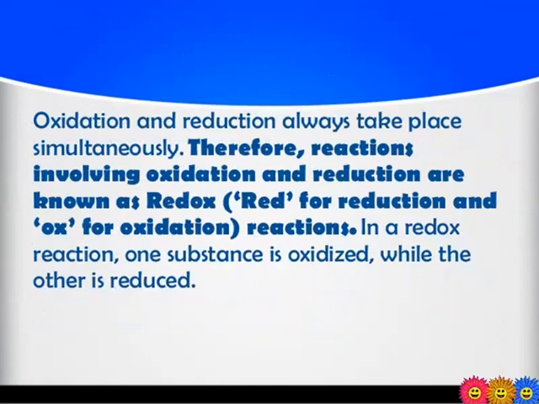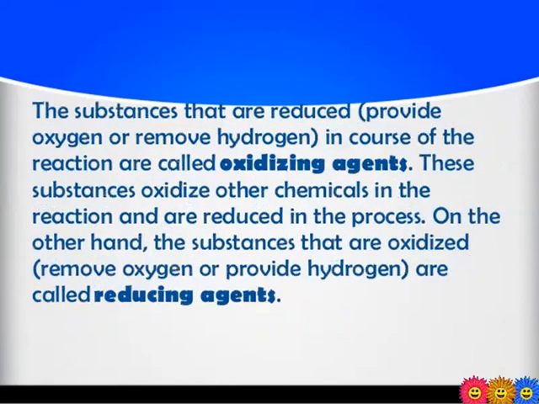Oxidation and reduction always take place simultaneously. Therefore, reactions involving oxidation and reduction are known as redox. In a reaction, one substance is oxidized, the other is reduced. The substances that are reduced, which provide oxygen or remove hydrogen in the course of the reaction, are oxidizing agents.